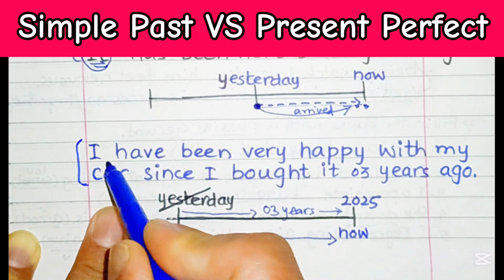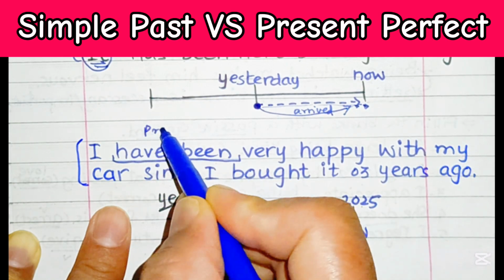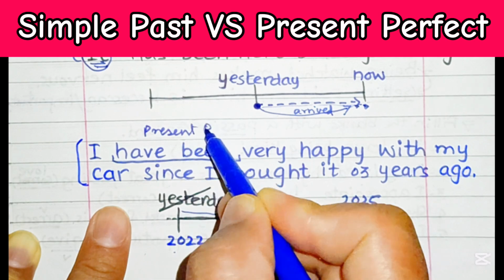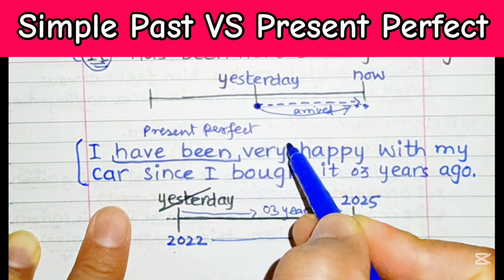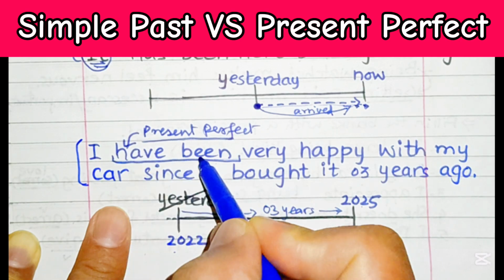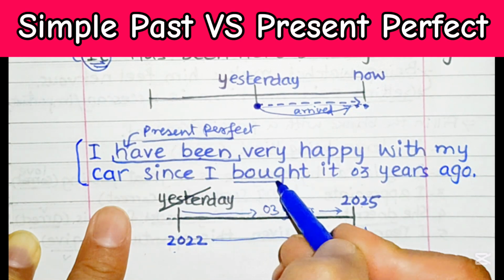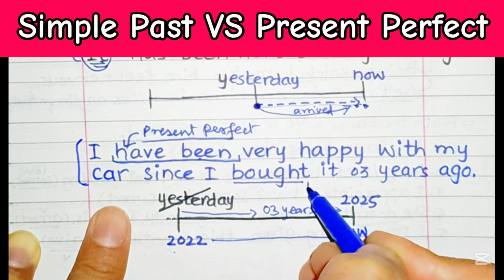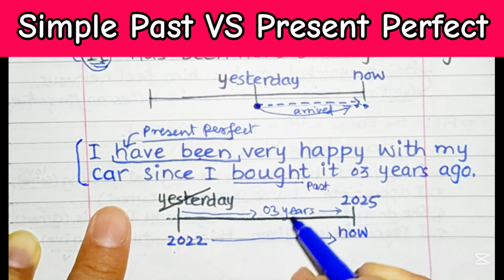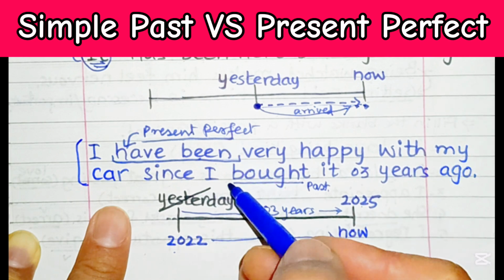In this sentence, we can see that we have the present perfect. This one is going to be this particular phrase, have been. I have been. This is present perfect. And I bought. This is past tense. Both present perfect and past tense are put together in one sentence.